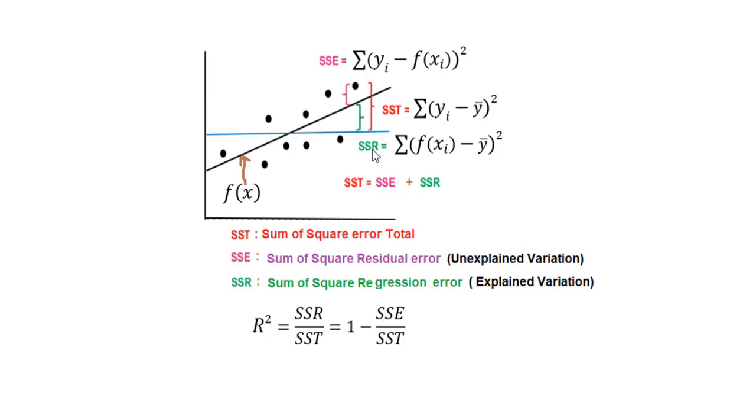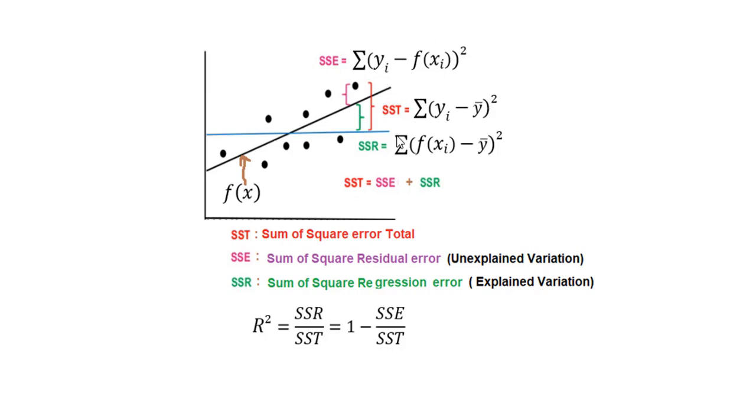SSR equals the sum of (f of xi minus y bar) squared, where y bar is the mean of the original values. SST is the sum of (yi minus y bar) squared.